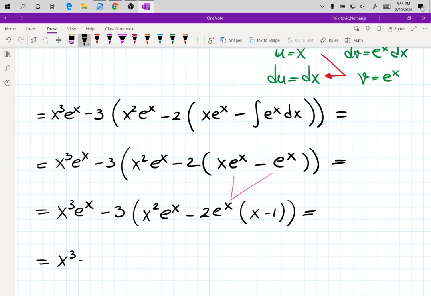So this is x cubed e to the x minus 3 e to the x, and I'm left with x squared minus 2x plus 2. So these two puppies jumped out. And now you have x squared, and then negative 2 times x is negative 2x, negative 2 times negative 1 is positive 2.